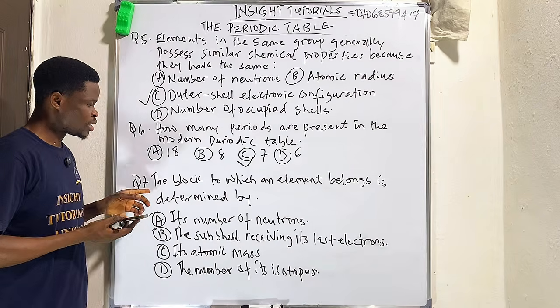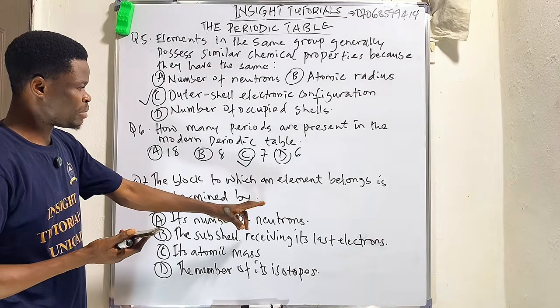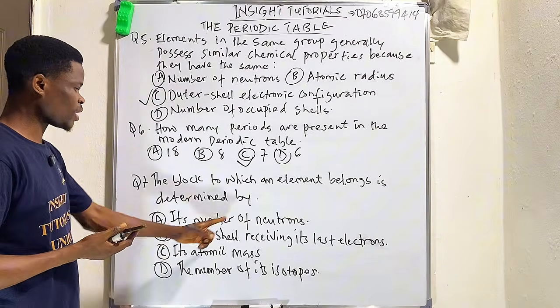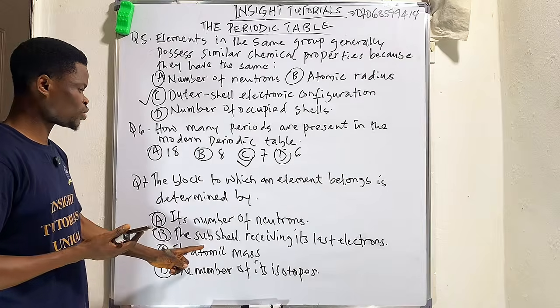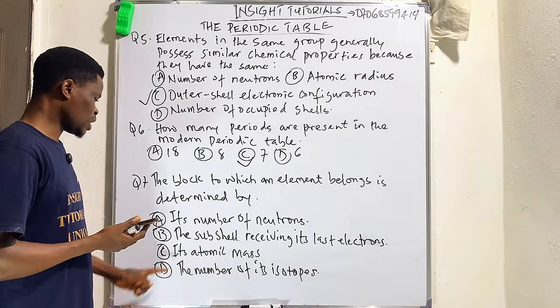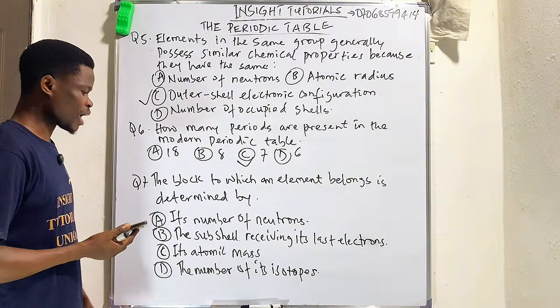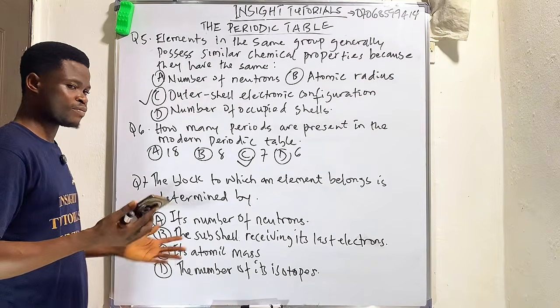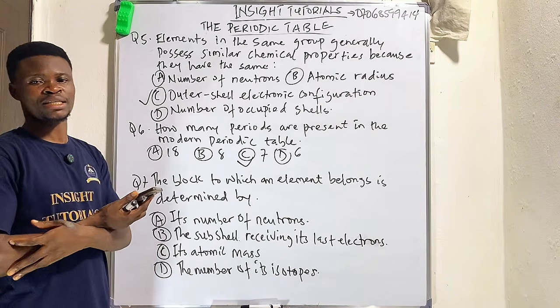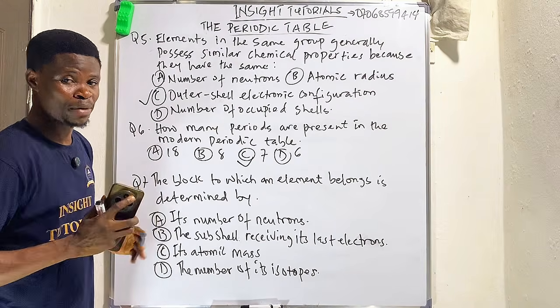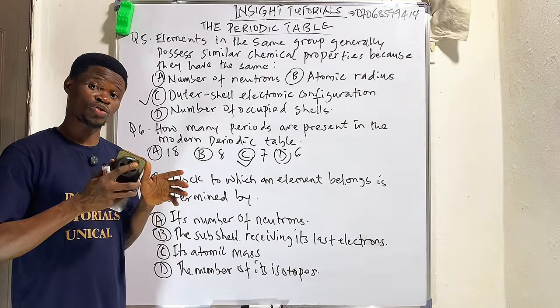Question 7 says, the block to which an element belongs is determined by, A says its number of neutrons, B says the subshell receiving its last electron, C says its atomic mass, D says the number of its isotopes. I've told you before this class that the particular block that an element belongs to is determined by its subshell.